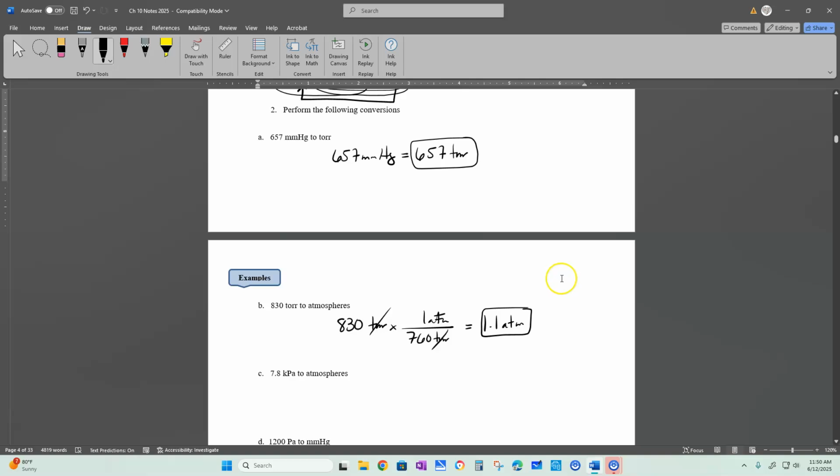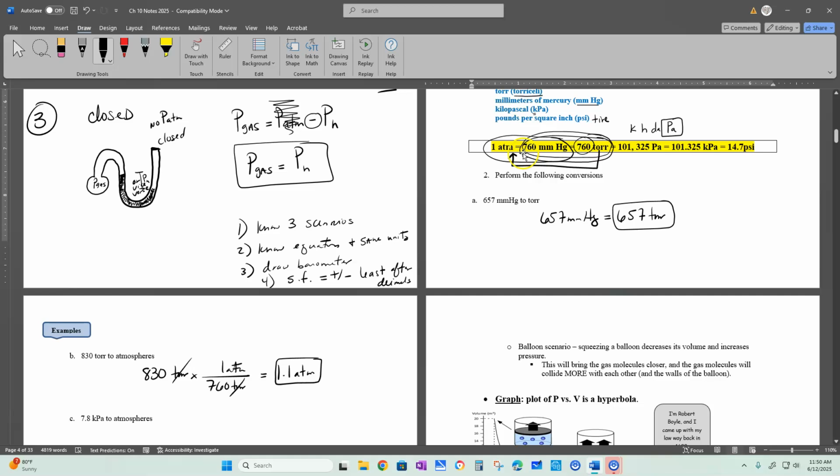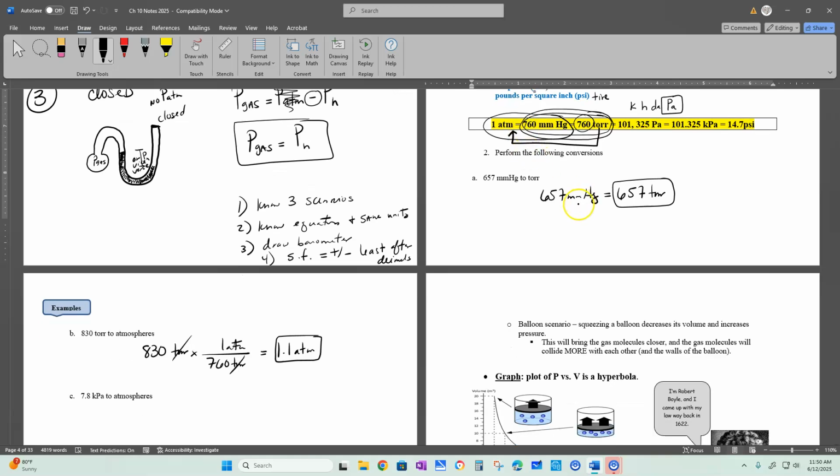Okay. Let me go over here so that way I can keep my little screen over there. I have kilopascal, and I want to go to ATM. So 7.8 kilopascal, make sure that P is capitalized. And 101.325 kilopascal equals 1 ATM.